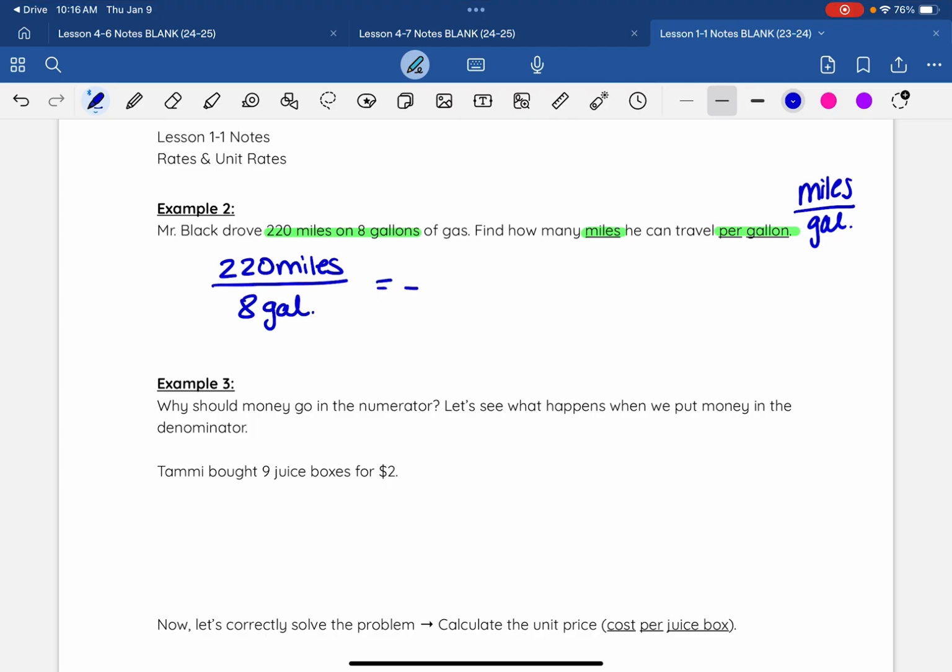Again, I want to know how many miles in 1 gallon. So to get from 8 to 1, I'm going to divide by 8. So in the calculator, you would do 220 divided by 8, and that would get you 27.5 miles in 1 gallon.